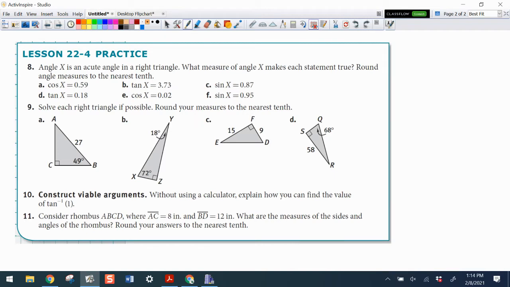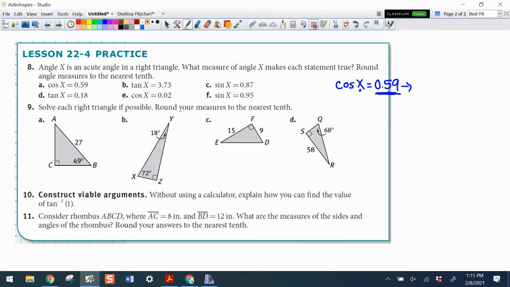So what I want to reiterate on 8a is, if the cosine of X really is 0.59, then this is the ratio of the side that's adjacent to that angle X compared to the hypotenuse of a triangle that has that angle in it.